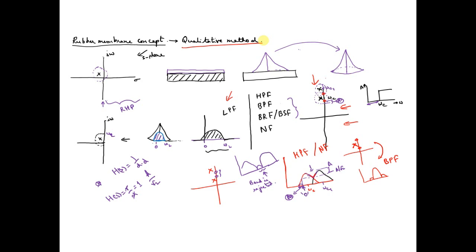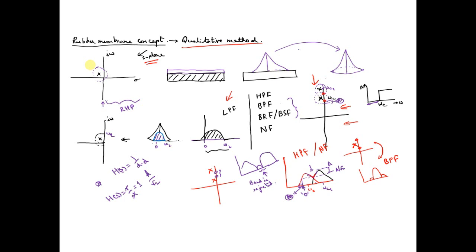Now we all know that this is the S plane. Consider this plane as a tabletop, and on this tabletop I put a rubber membrane. Suppose this is sigma, and this is the j omega axis.